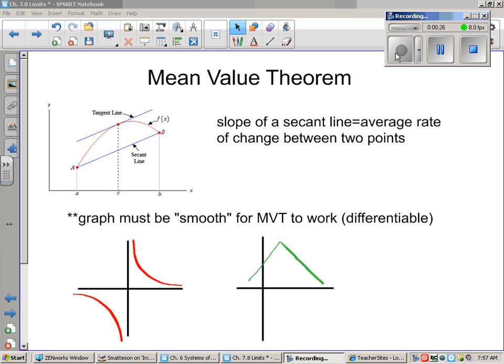And what the mean value theorem states is that we then can find a point within that interval in which the slope at that moment is equal to the slope of the secant line. The example that I frequently use is that if we took a trip and our average speed was 55, then that means sometime in that trip our speed must have been 55 at an instant.